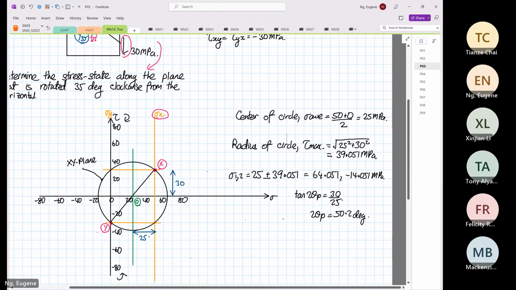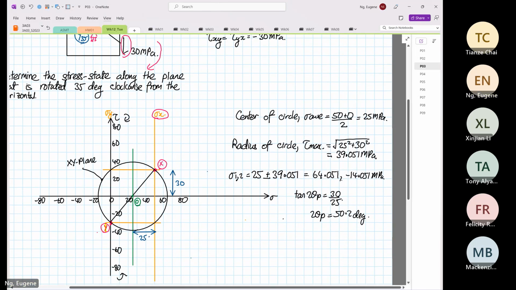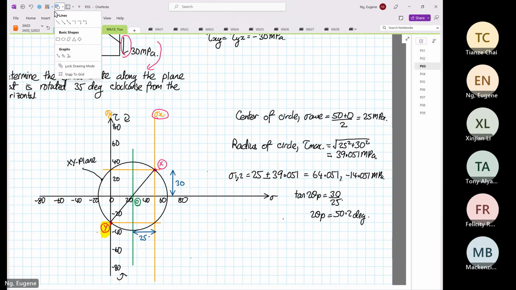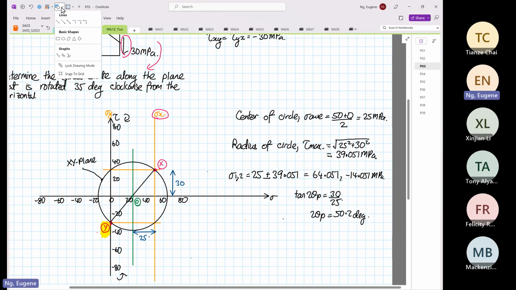So over here, you take your angle from point Y, not the horizontal axis. You take it from point Y. And because on the element is 35 degrees, on Mohr circle is what? 70 degrees. So I'm going to look for 70 degrees now.